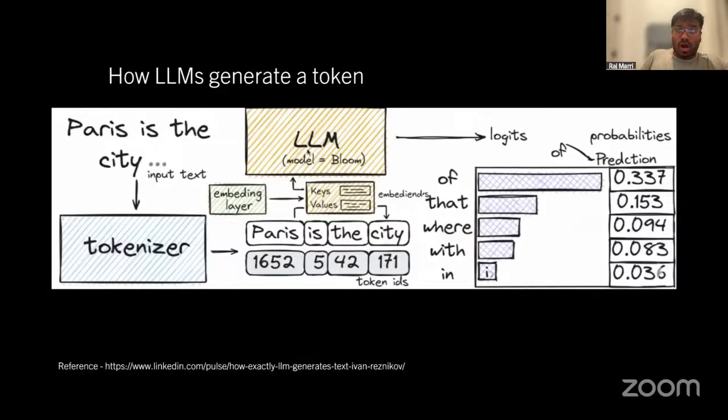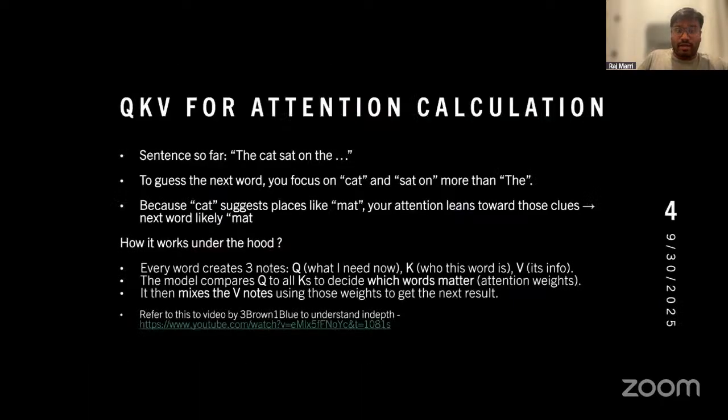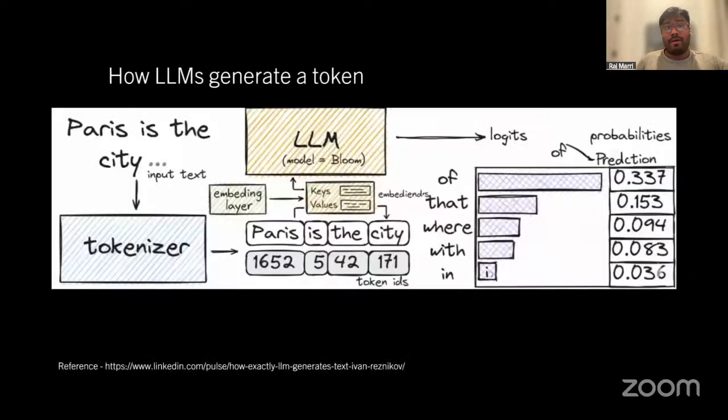But what's going on within an LLM is huge matrix multiplications of the KV cache, where every time you do Q to find the next token, the K and V's of all the previously generated tokens or words need to be calculated and looked at. That's where we need to attend to all of those past tokens which are generated. So that's really how an LLM generates an output.